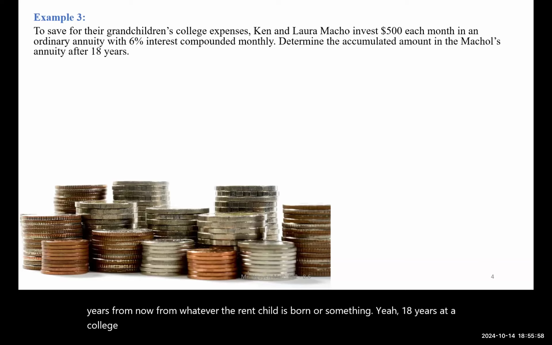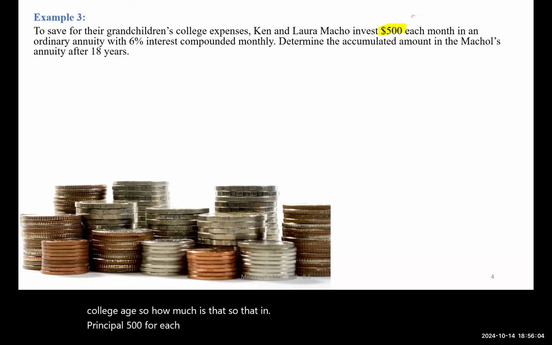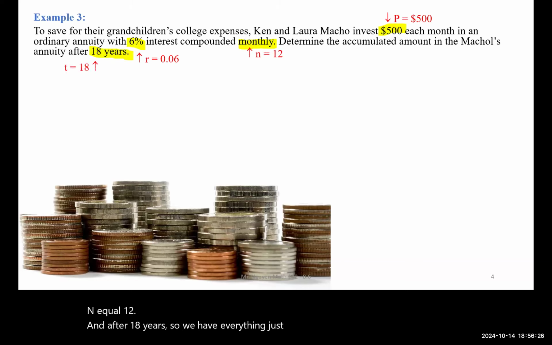So how much is that? The principal is 500 for each month, with the interest rate 6%, compounded monthly, n equals 12, and after 18 years. We have everything, just plug it in.